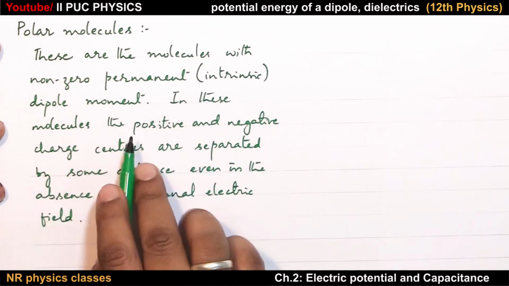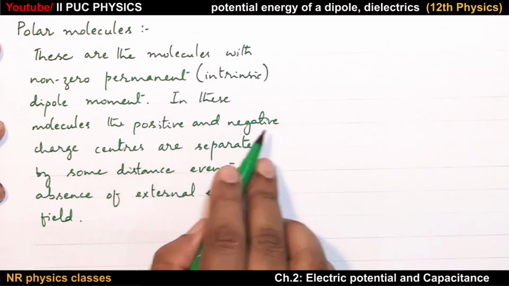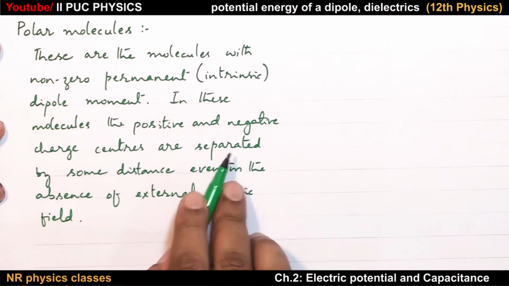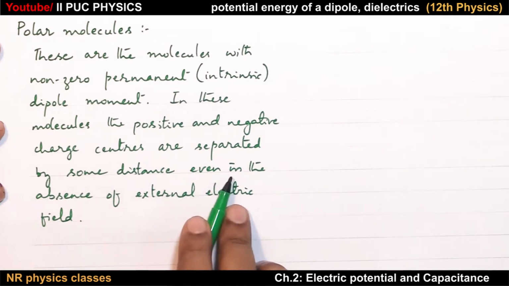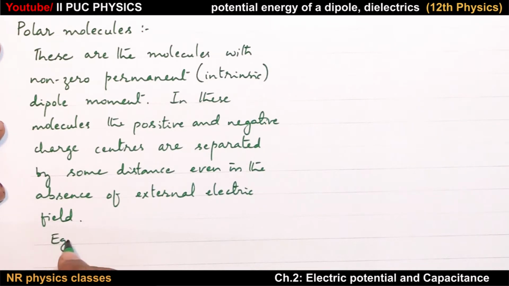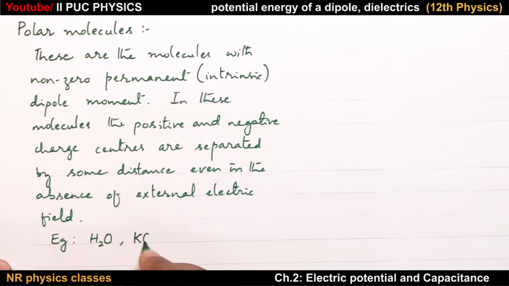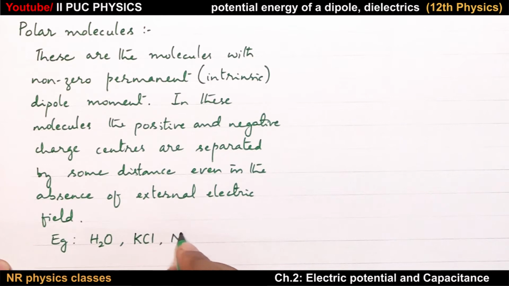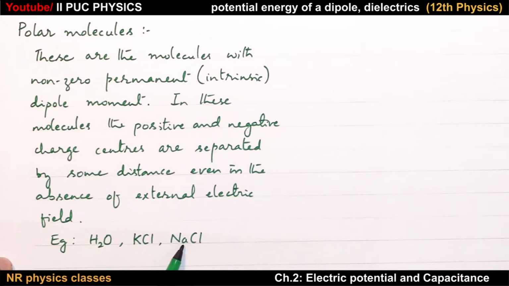In these molecules, the positive and negative charge centers are separated by some distance even in the absence of external electric field. Example for polar molecules: water, KCl, NaCl, of course HCl, and similar molecules.